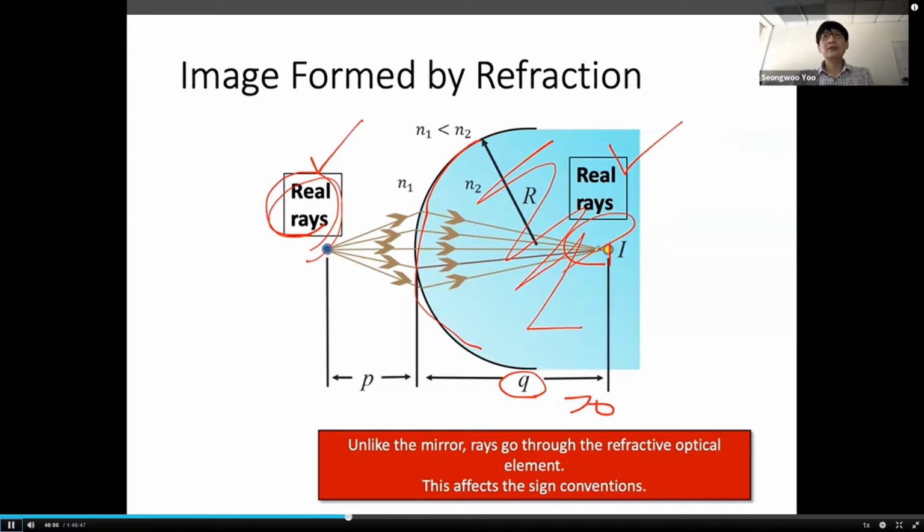However, if the image is formed in front of the curvature, then this q value is going to be smaller than 0, because all the light has already gone through this surface. Therefore, there is no light left in front of this fish tank. Therefore, any image formed in front of this fish tank must be a virtual image.